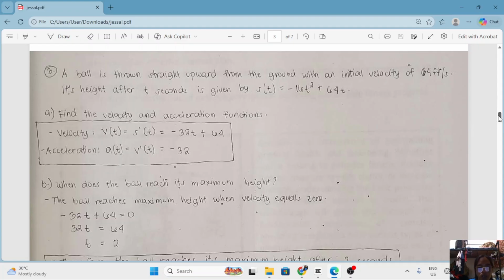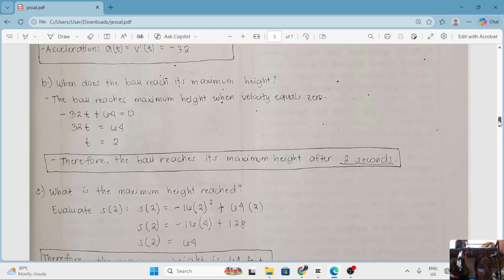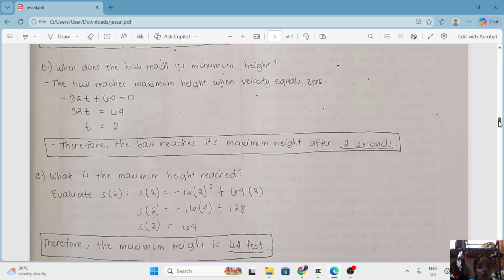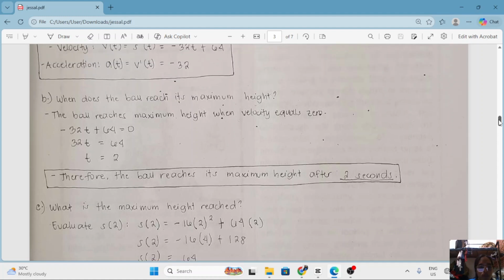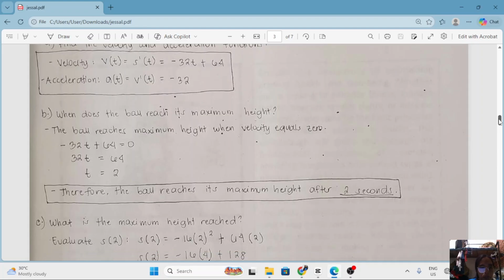So, moving on, we have our letter B. When does the ball reach its maximum height? The ball reaches maximum height when the velocity equals 0. So, what we're gonna do is take our equation for the velocity and equate it to 0.